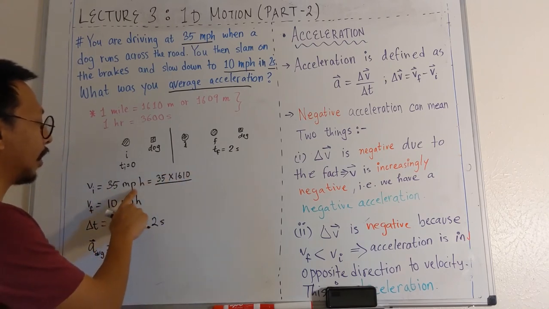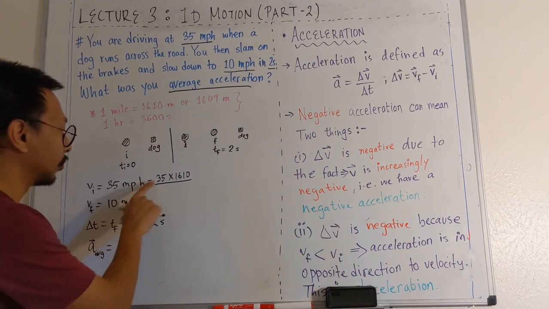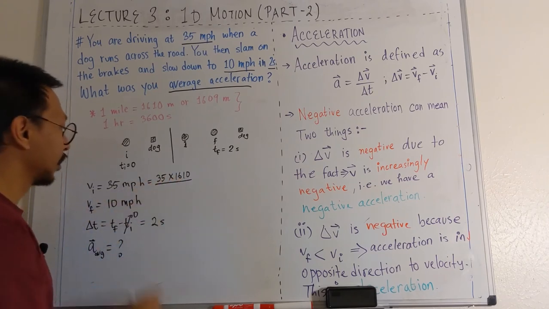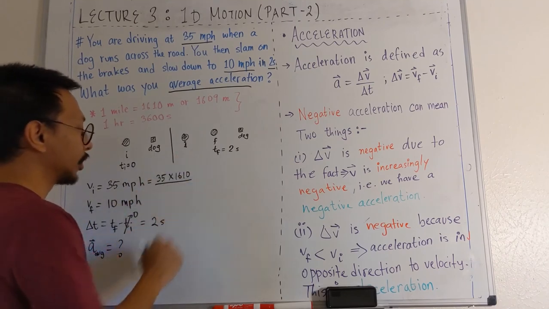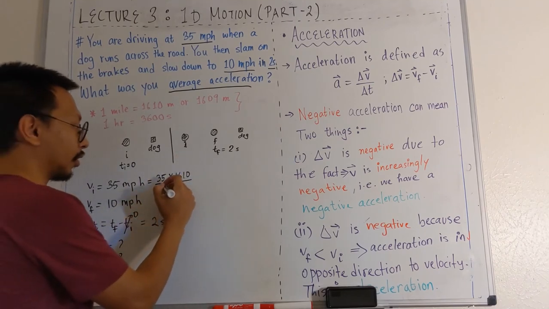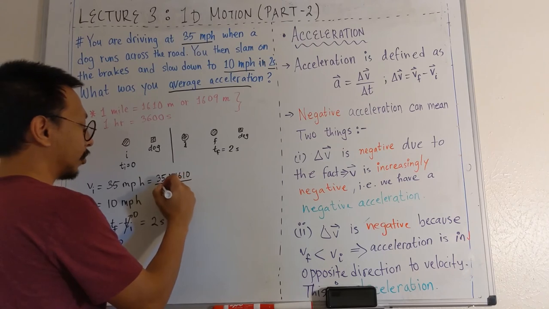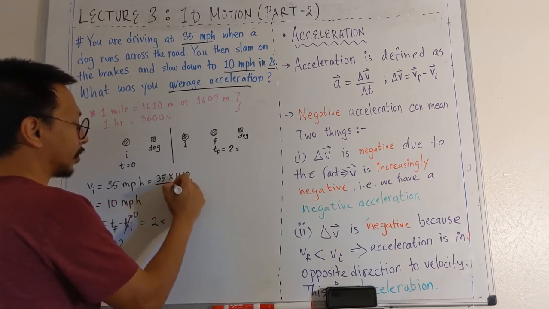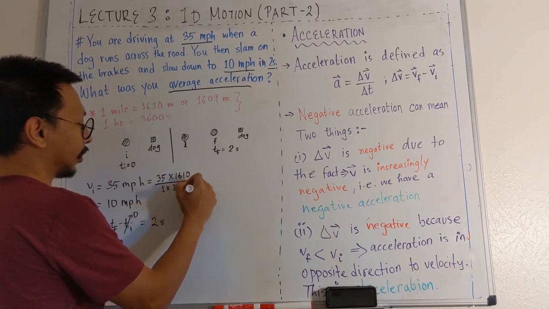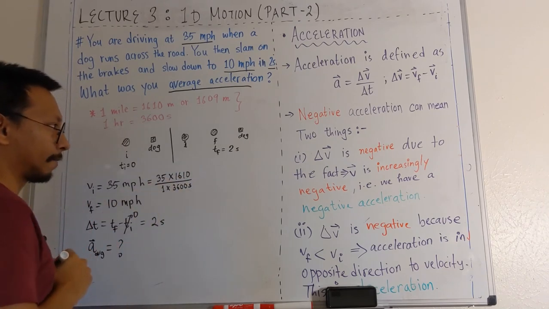And per hour, so per means there is a division, and then in the denominator you're going from hour to second, so again bigger to smaller, so you multiply the 1 hour by 3600 seconds.